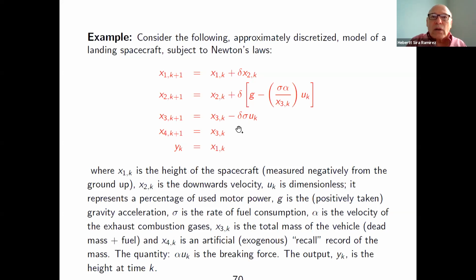Even though it is not difficult to implement something in your computer to remember those variables in the past, from the mathematical viewpoint you have to be able to resort to those variables at some point. So you have to keep track of what their evolution is. And in this instance, the physical meaning of that is just a recollection of the immediate value of the mass that was obtained in the previous sampling. So this is the model of the lander.